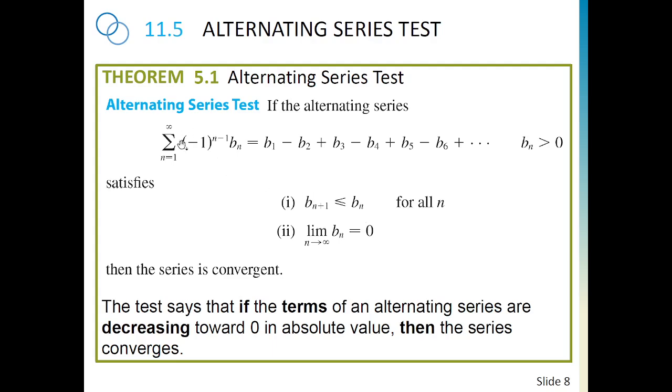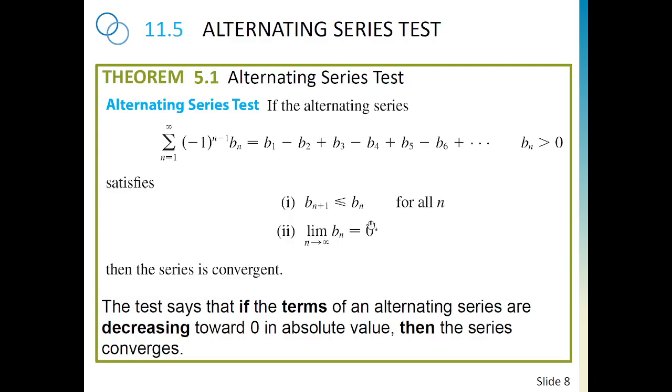So we have the change of sign and then the expression, normally positive, the b, and then we just compare the next term and the current term. Normally we would like to have it for all n, from n equals 1, 2, 3, 4, but it's not necessary. Sometimes we can have this condition satisfied for n bigger than 4, for instance. That's fine also. There's no issue there. And another condition is that the general term, the positive part, is converging to 0.